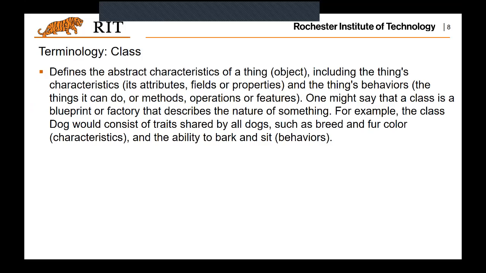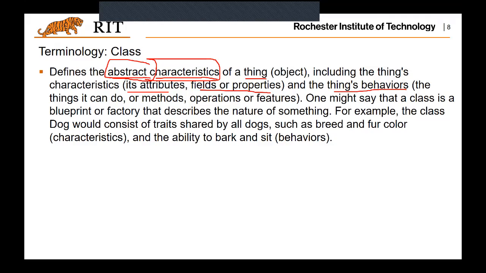So here shows the definition of class. Again, as I mentioned previously, it's the abstract characteristic of a thing, right? This abstract characteristic is the keyword. It also includes the attributes, fields, and properties, as well as the behaviors.